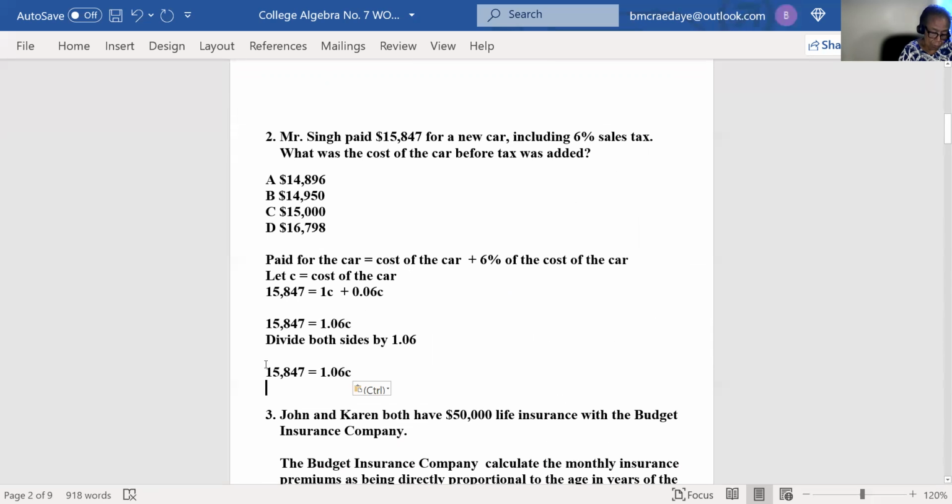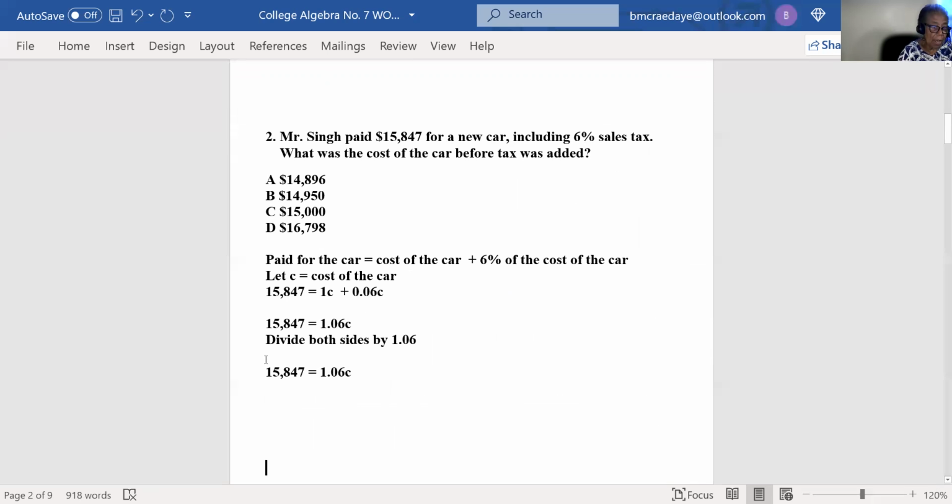Okay, divide both sides by 1.06, left side and right side, and we get the cost.